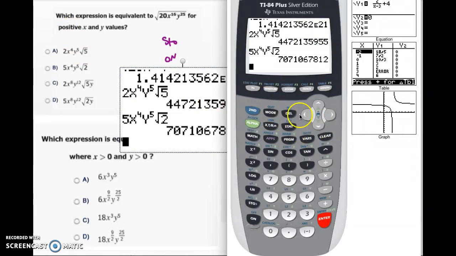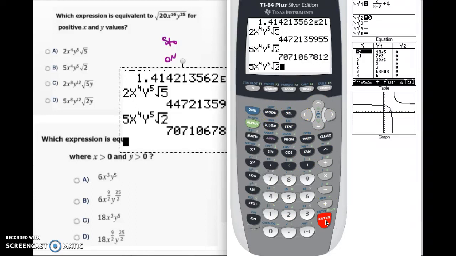All right, so now I'm going to go up, I'm going to hit enter, I'm going to change the 2 back. The exponent with the x is now an 8, and the exponent with the y is a 12.